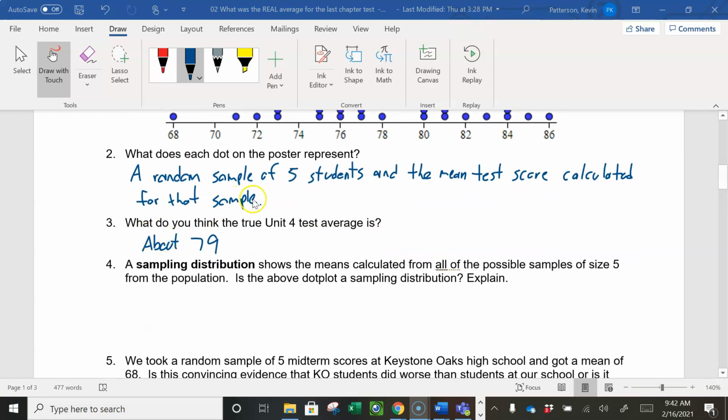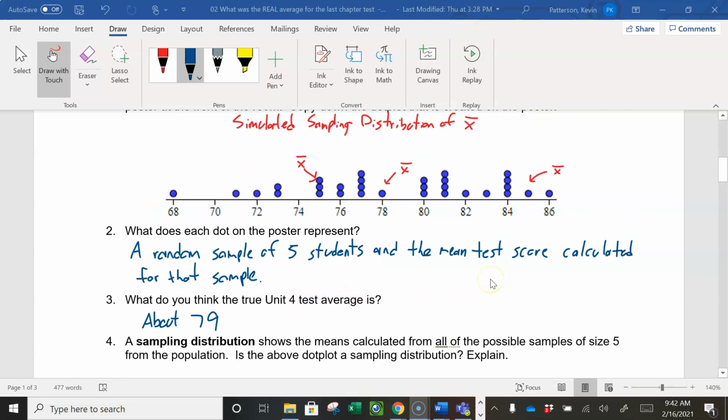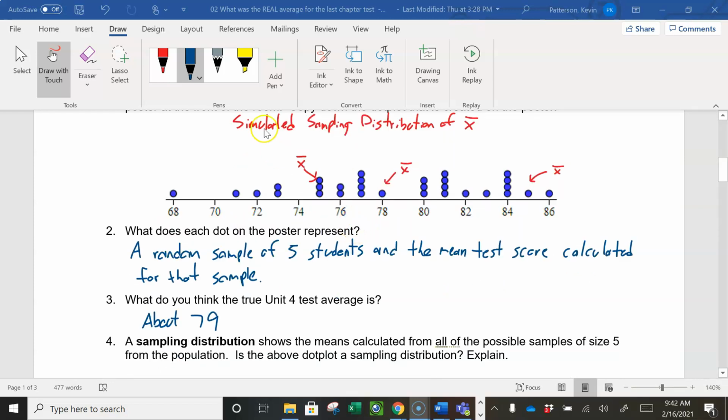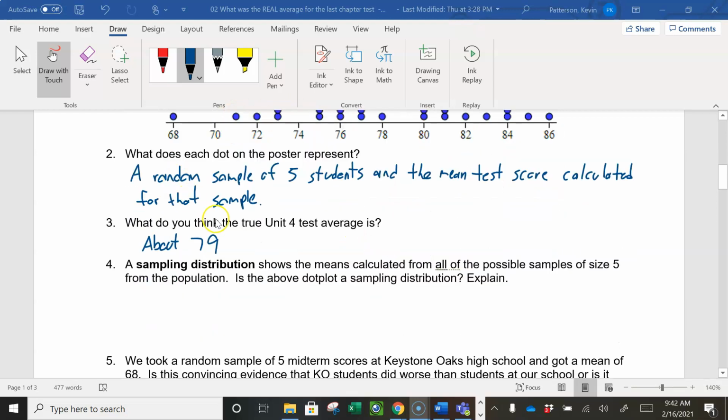Okay, number 4 says a sampling distribution shows the means calculated from all of the possible samples of size 5 from the population. Is the above dot plot a sampling distribution? So does this graph show all possible samples of size 5? Well, no, we only have, I think, 30 dots here. So this isn't a true sampling distribution. That's kind of why I said it was a simulated or an estimation of a sampling distribution.